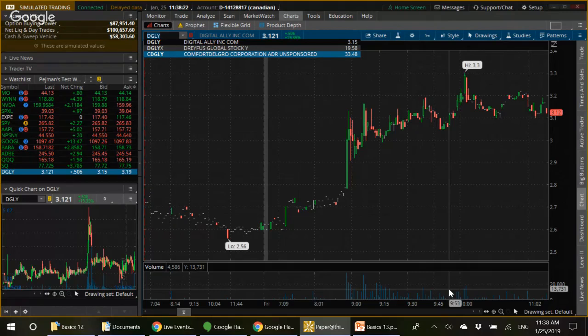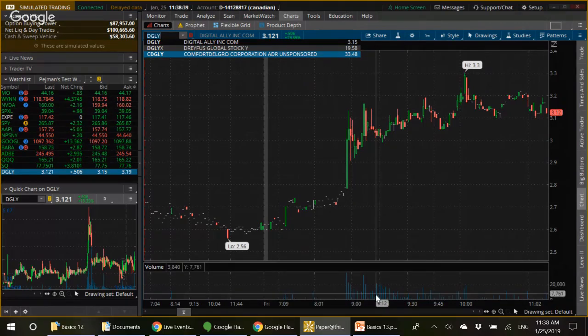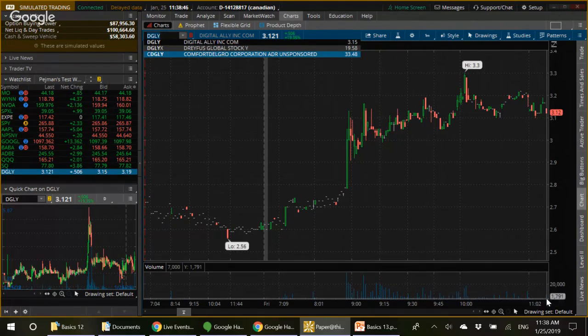There's a chance it makes another move in the future, but if you see this trend and the volume size diminishing, you can see that traders around this time in the morning, 9 a.m., made a lot of moves on it, then gradually lost interest, and the volume faded away.